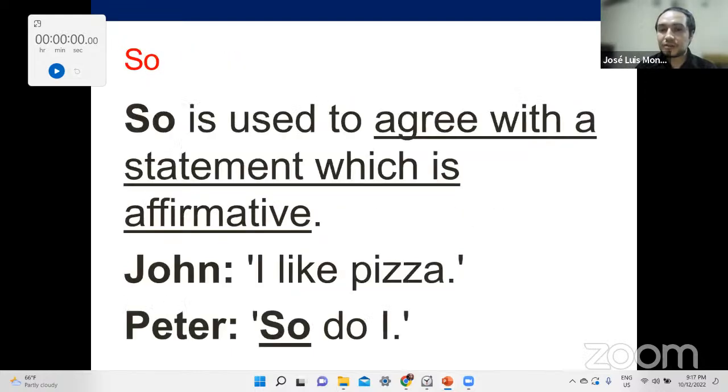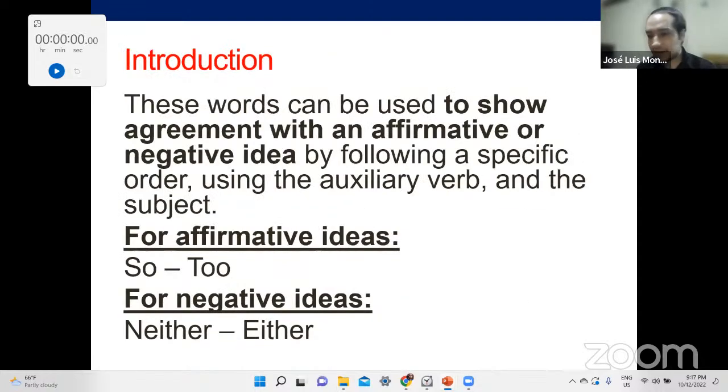We're going to go now to the next part and finish today. Neither and either are for negative ideas. And you're going to try to work with me first, Nazarena. We didn't cover this yet, but if I say the opposite, Nazarena, I don't like pasta. How can you agree with me, Nazarena, using either or neither?